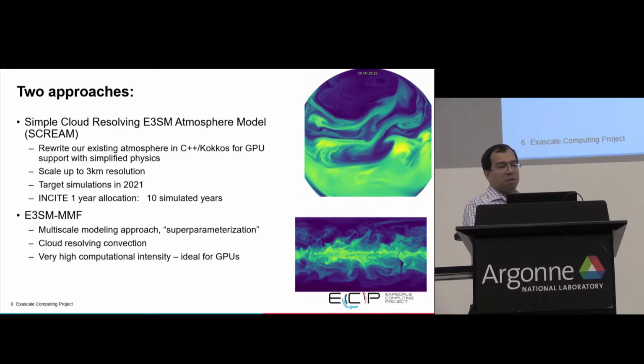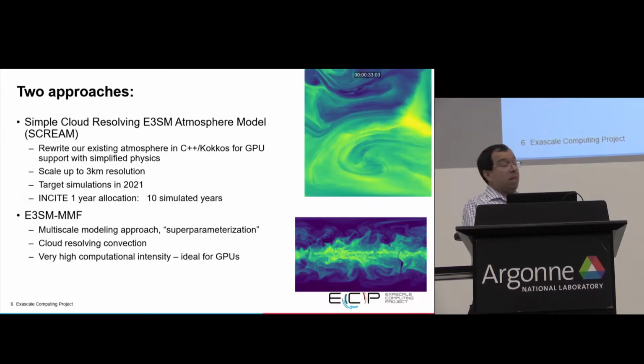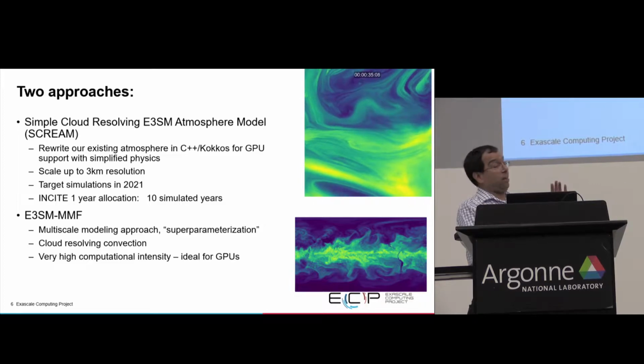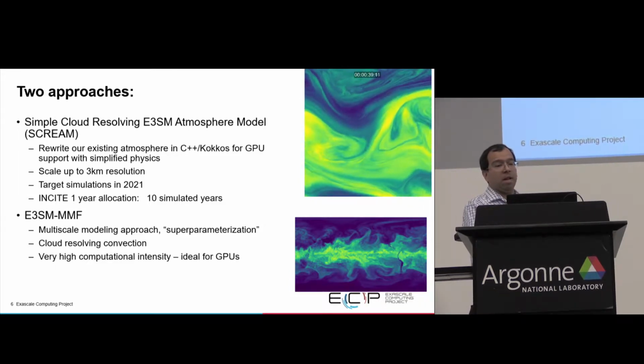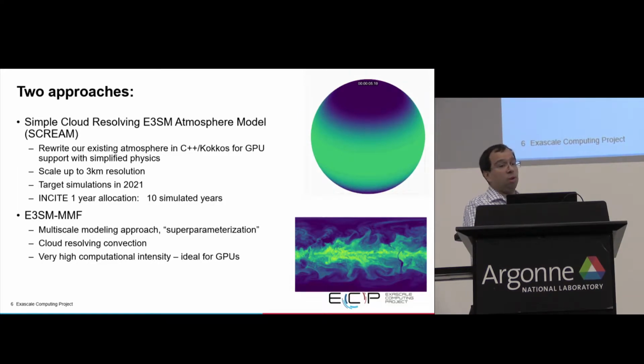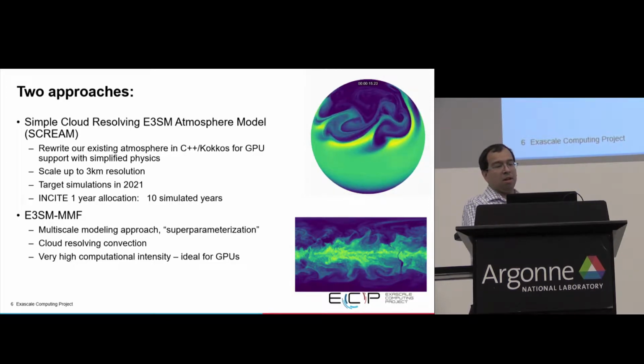And this has been rewritten in C++. E3SM is mostly Fortran, but this has been recently rewritten in terms of C++ and Kokkos. So it does work on GPUs, and it will scale to the resolutions that we're looking for to resolve convection in clouds, down to 3 kilometers.